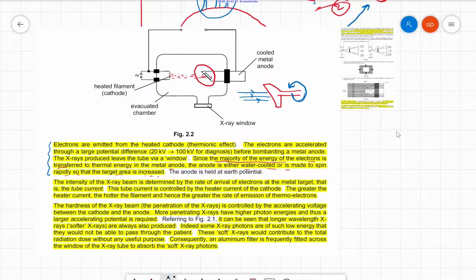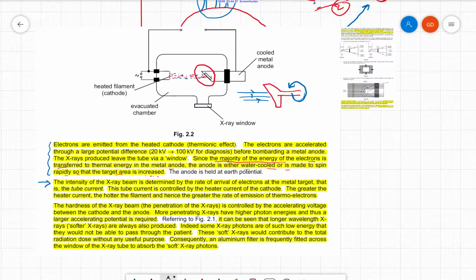In the second paragraph, there is a question about the intensity of the X-ray. The intensity of the X-ray is controlled by what? It is related to the number of electrons, or the rate of electrons, reaching from the cathode to the anode.